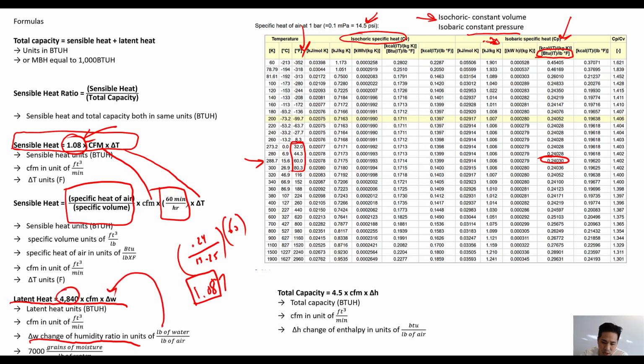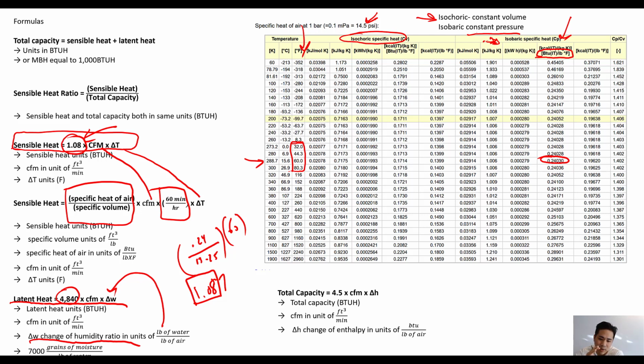And this 4840 again is just a number based on certain conditions of the air, because that condition could vary slightly because the cubic feet or the specific volume of the air can vary depending on where you are on that psychrometric chart, based on dry bulb temperature and the relative humidity.